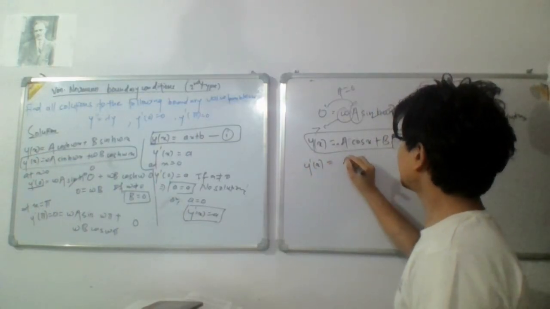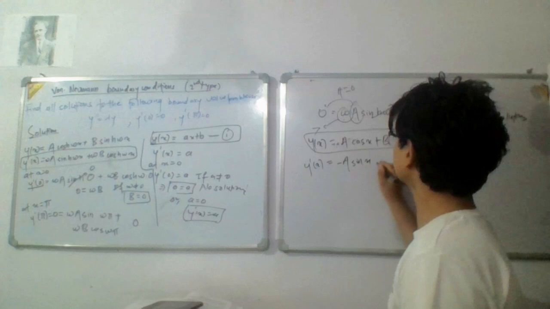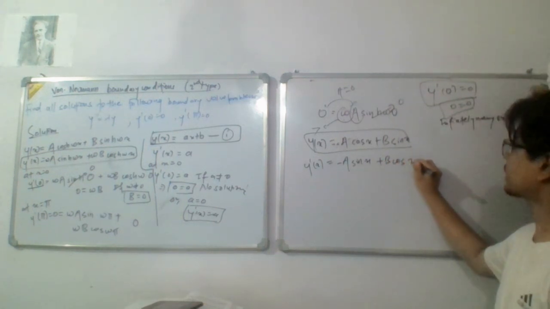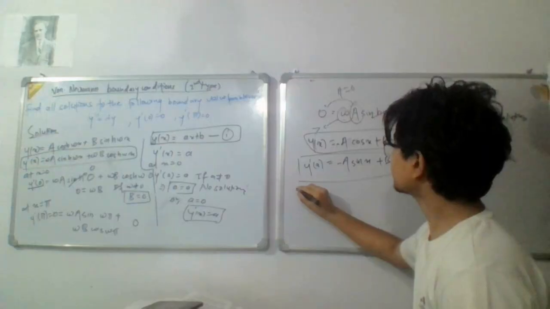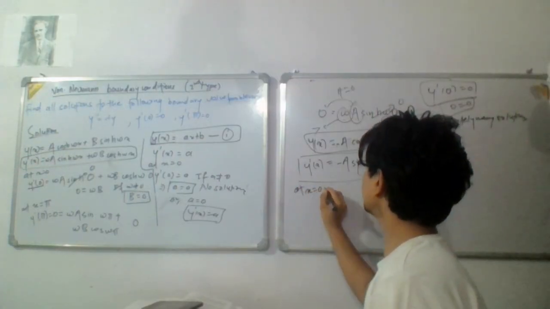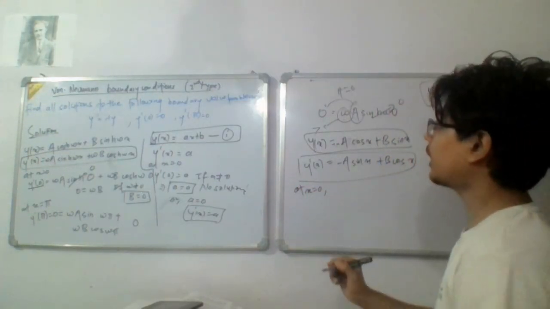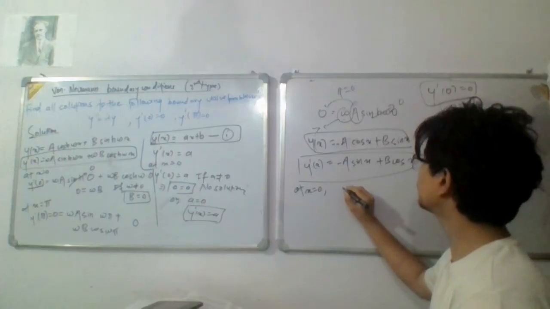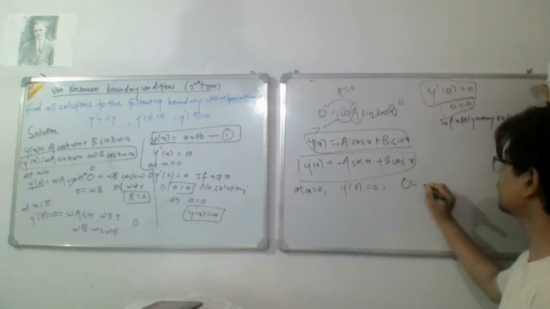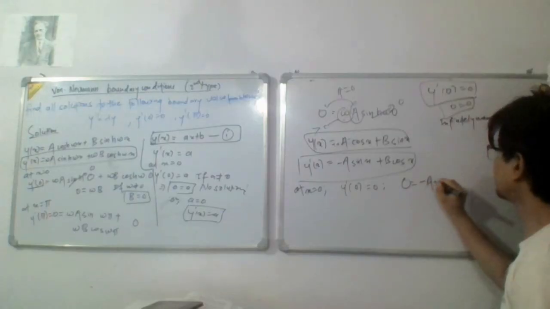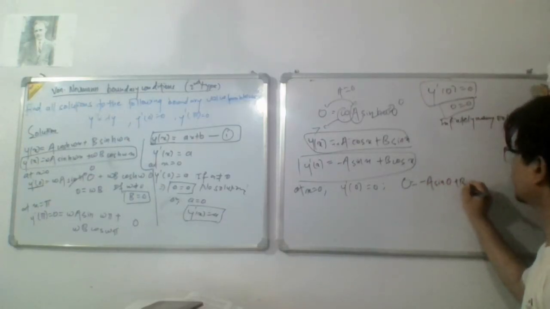That gives us minus a sin x plus b cos x. Now the boundary condition is at x equals 0, the whole thing is equal to 0. So 0 equals minus a sin 0 plus b cos 0.